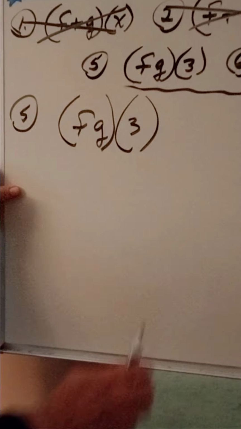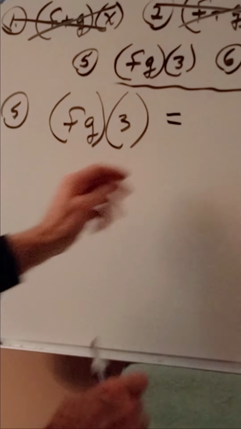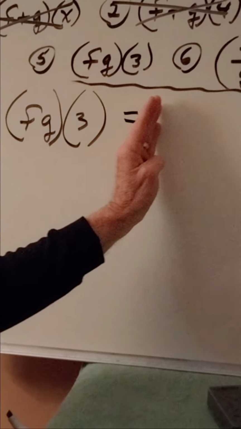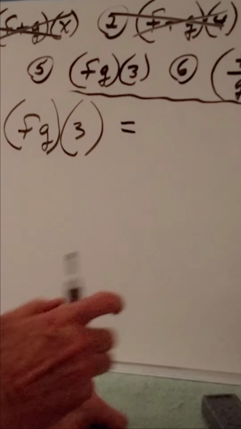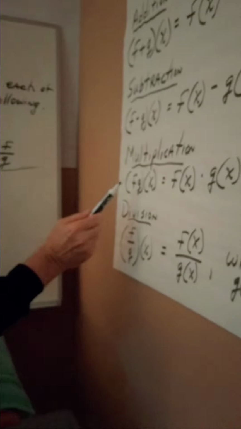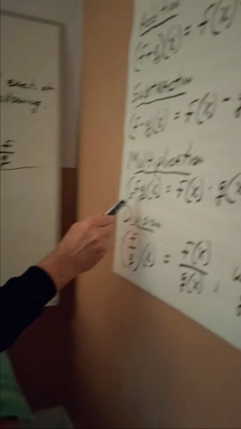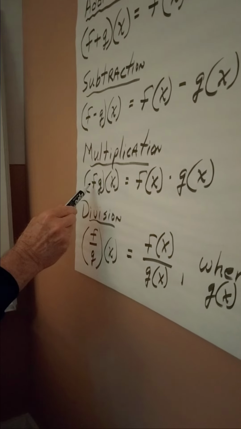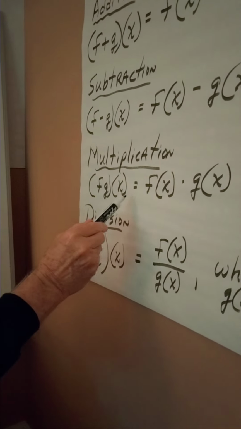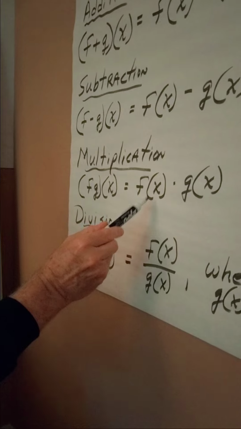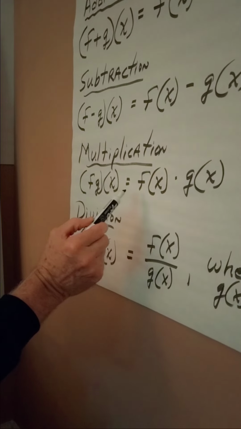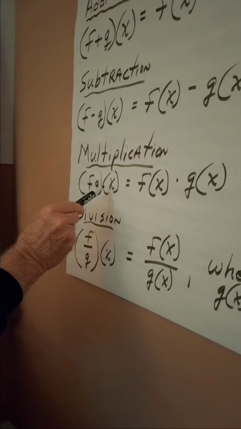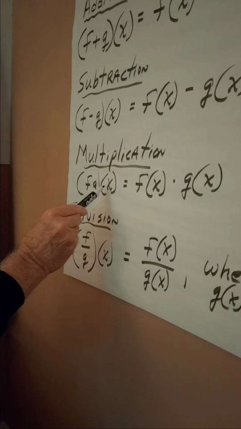Now we're going to write an equal sign, and we're still going to write an expression on the right-hand side that will complete this equation. And we're going to do much the same as we would ordinarily do if the domain were x. If we were multiplying f times g when the domain is x, that would be equal to f of x times g of x. Well, our domain is not x, our domain is 3.